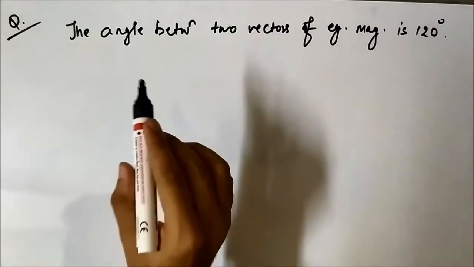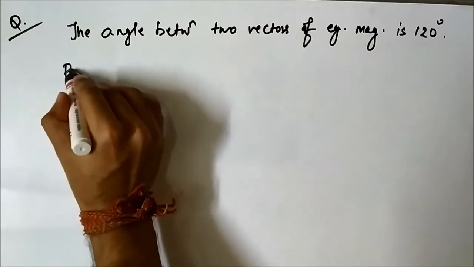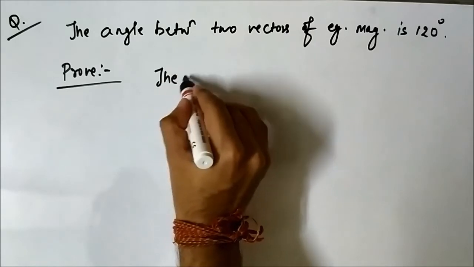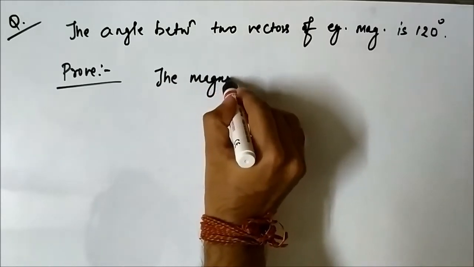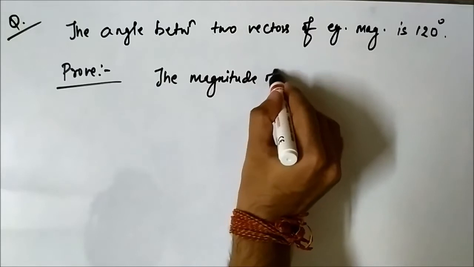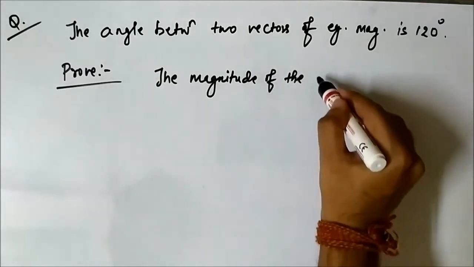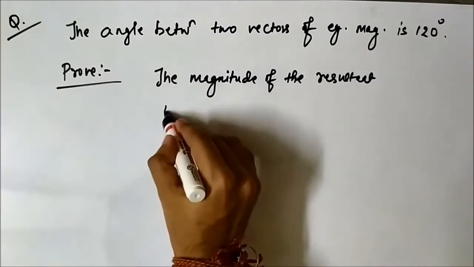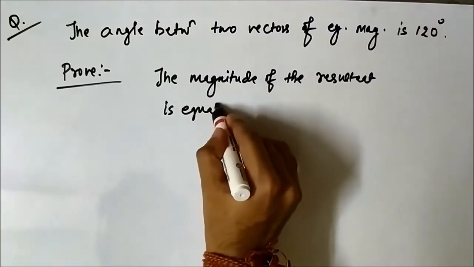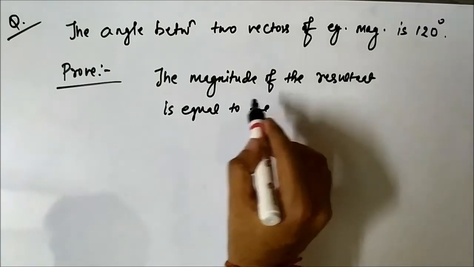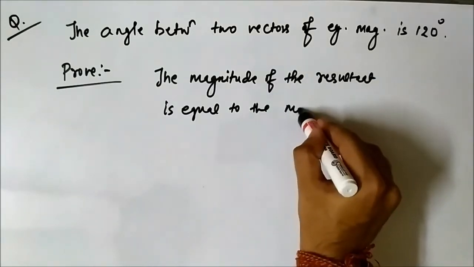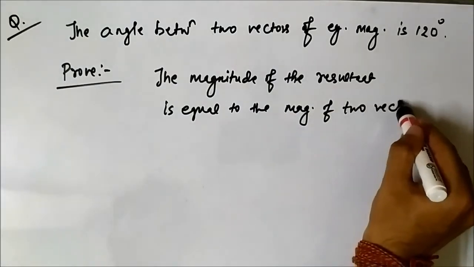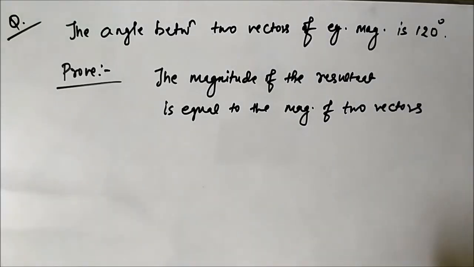Now we have to prove that the magnitude of the resultant is equal to the magnitude of the two equal vectors. This we have to prove.